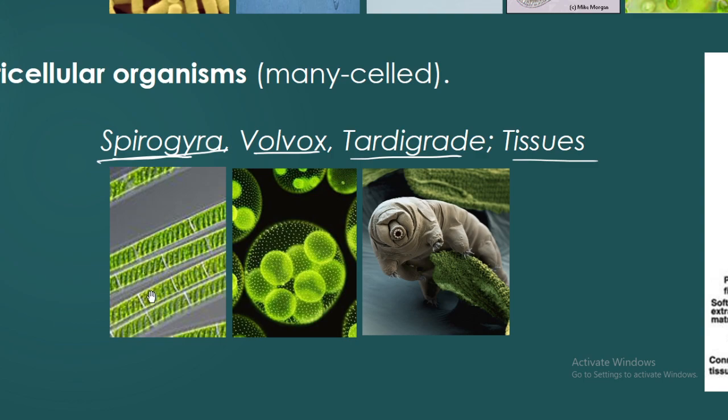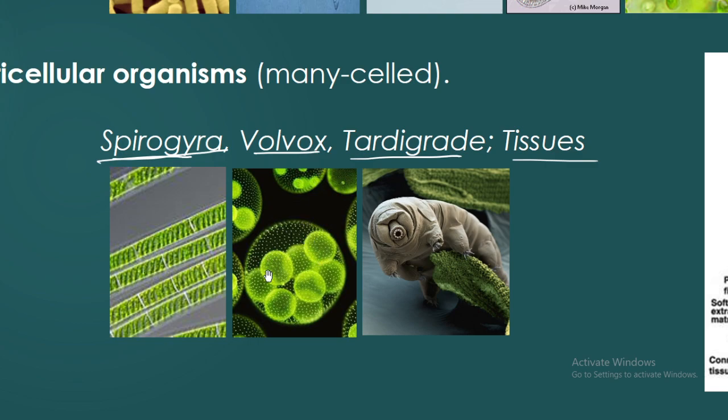Each box is an independent cell. After the cell has divided, it has remained attached to each other, and it is functioning as one organism. Therefore, it is called a multicellular organism.